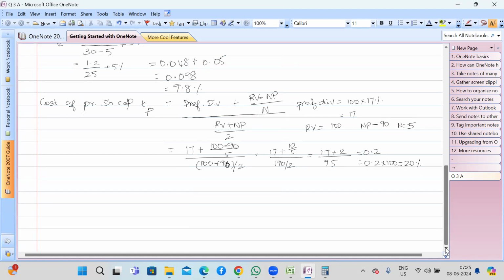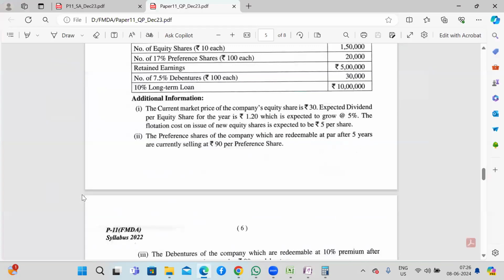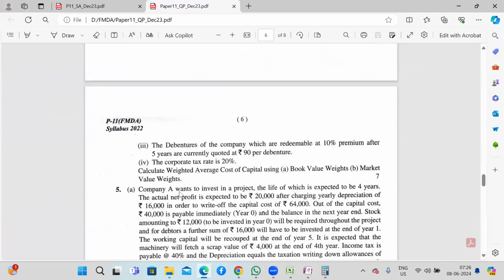So now I'm going to calculate the cost for debentures. So KD I'm going to calculate, that is debentures. So here I want to consider interest. These debentures are also going to be redeemed after 5 years.